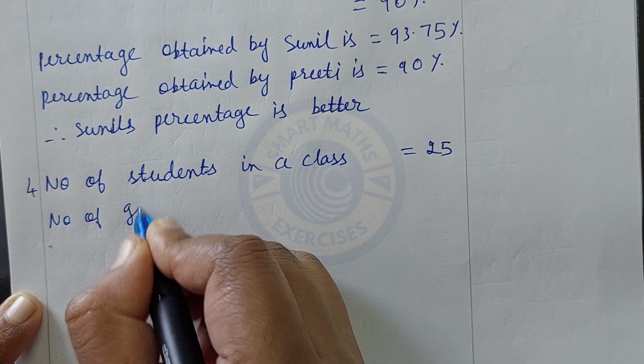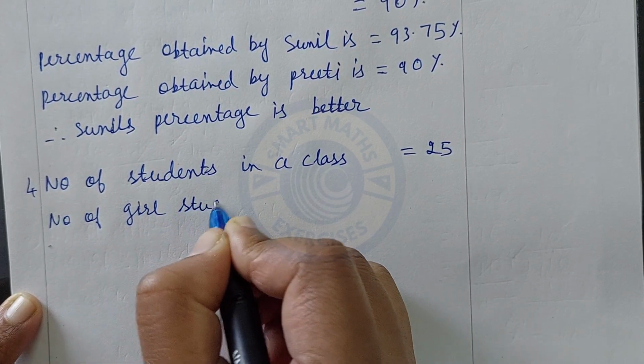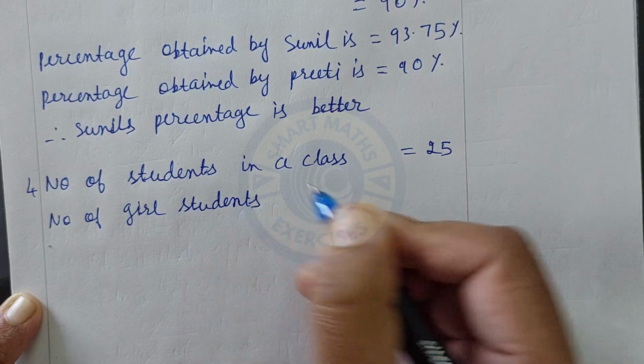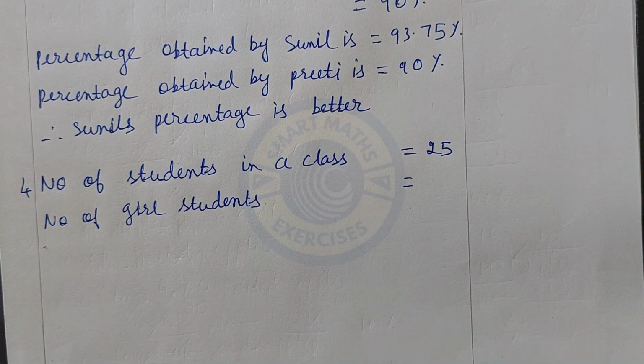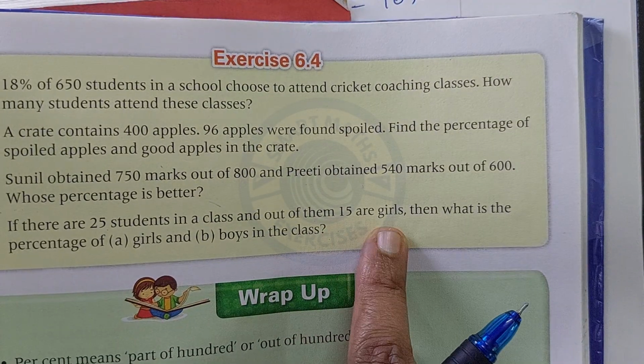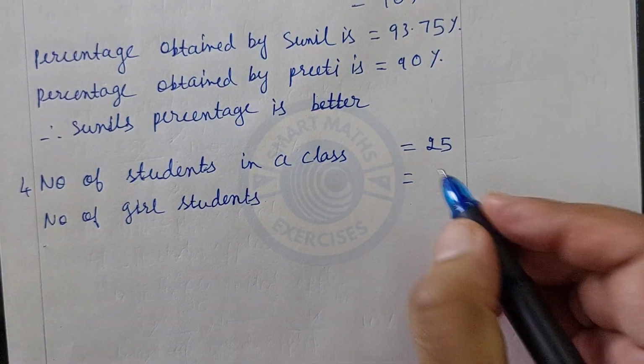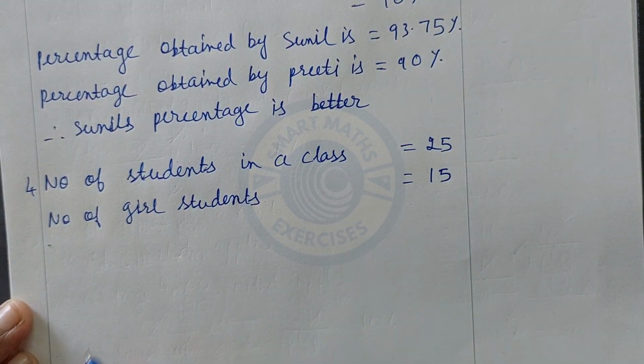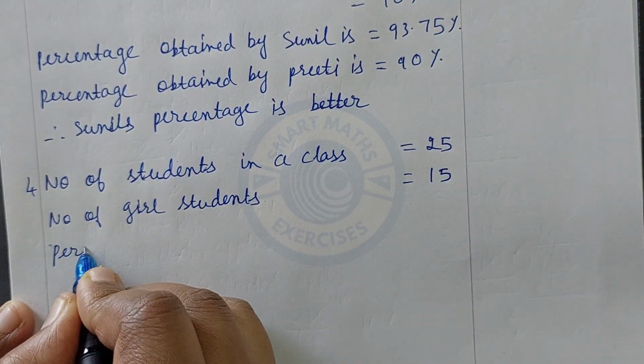Number of girl students equals to, they've given 15 are girls. So 15 girls. Now let's find the percentage of girls.